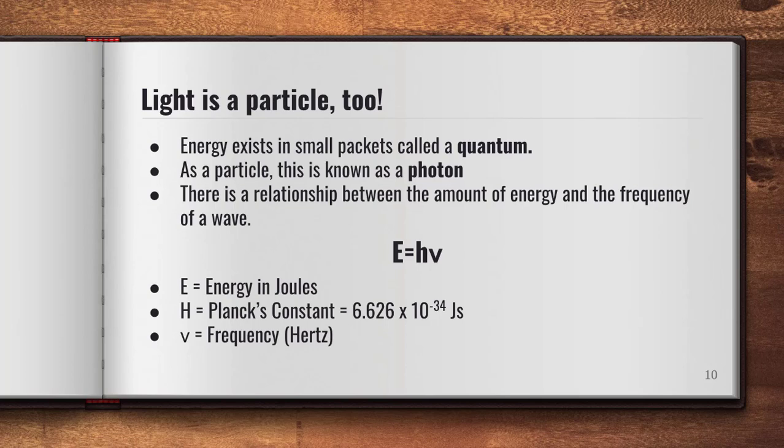There's also another relationship between the amount of energy and the frequency of that wave, and that is E equals h, which is Planck's constant, and V, which again is the frequency in hertz, so E equals hV. So again, we can utilize these, you give one variable, solve for the other. Also keep in mind that frequency is in both this equation and the previous equation, so we can utilize both equations in the same type of problem.